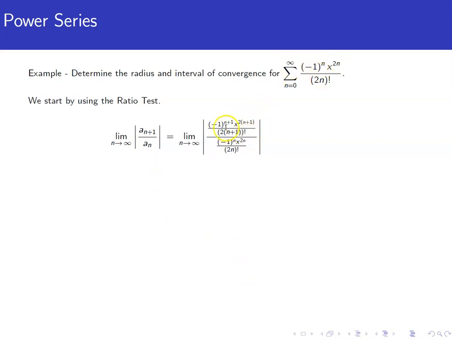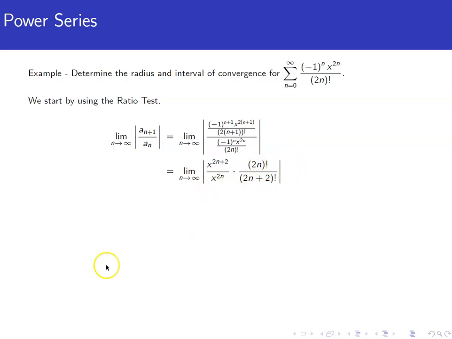We get (-1)^(n+1), x^(2(n+1)) over (2(n+1)) factorial. And then in the denominator, we just have the nth term. The absolute values will take care of the negative ones because those will just end up being 1, so those go away. I really didn't need to leave the factorials inside the absolute values because factorials are going to be positive.